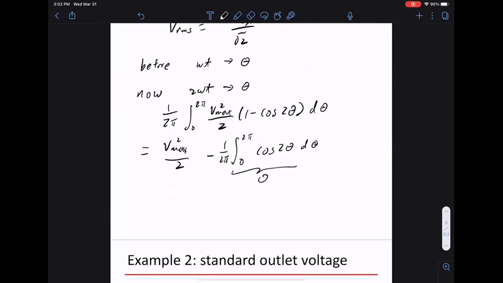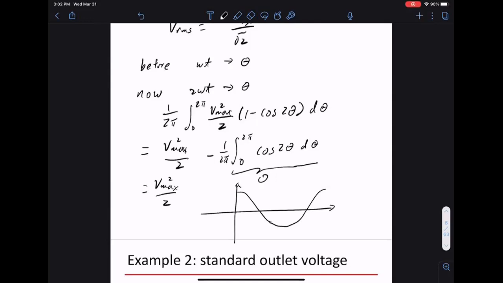Why is this integral 0? Because you're integrating over one period of cosine. What you're doing is taking cosine and integrating over whole periods, so it cancels out. This integral always cancels out. So this is Vmax squared over 2.